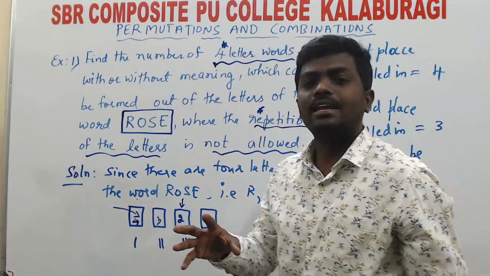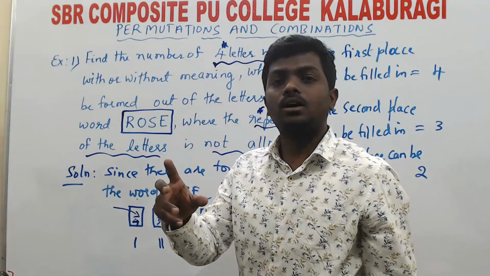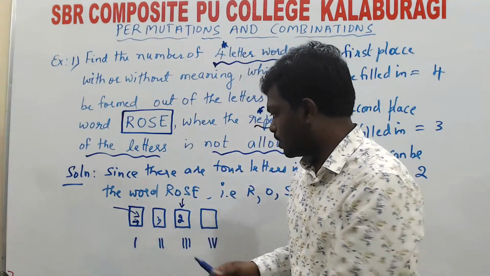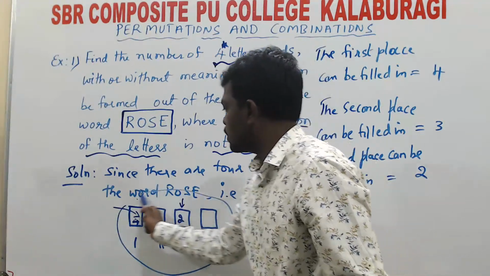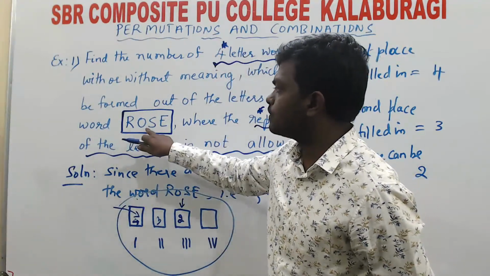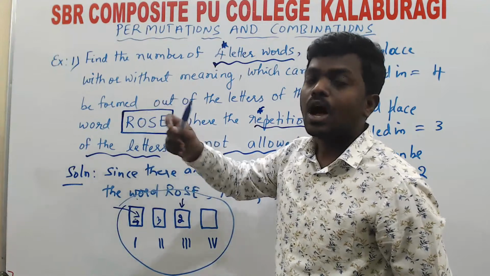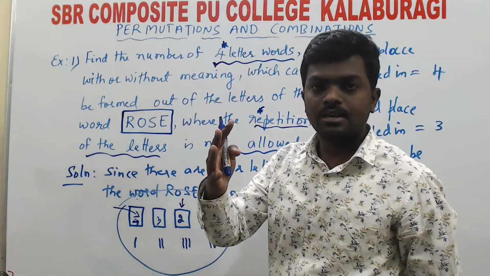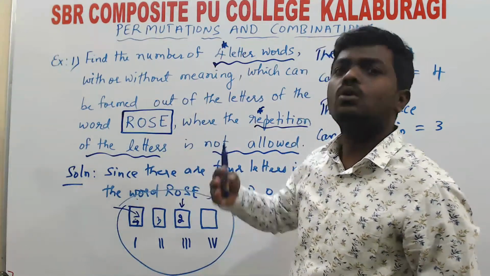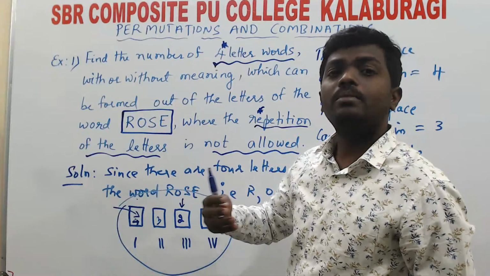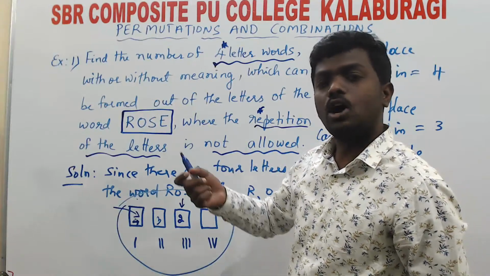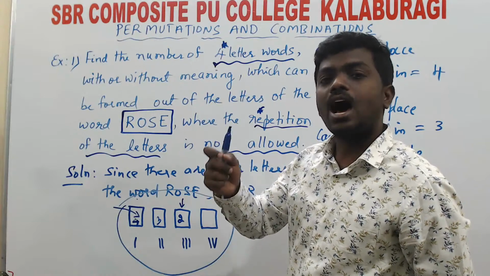So what they are telling us is to form a four-letter word out of the letters of the word ROSE. ROSE consists of four letters, right? So now we have to think of forming words out of the letters of the word ROSE.